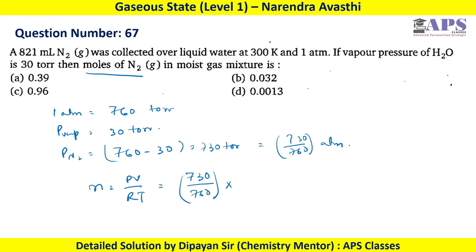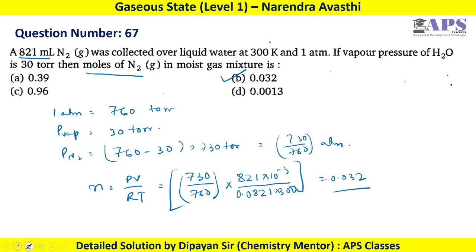Volume is given here, that is 821, this is in ml, we need liter. 821 into 10 to the power minus 3, so we have converted it to liter. 0.0821 liter atm multiplied by 300, so if you solve this, you will get 0.032. Okay, so option B will be the correct option.